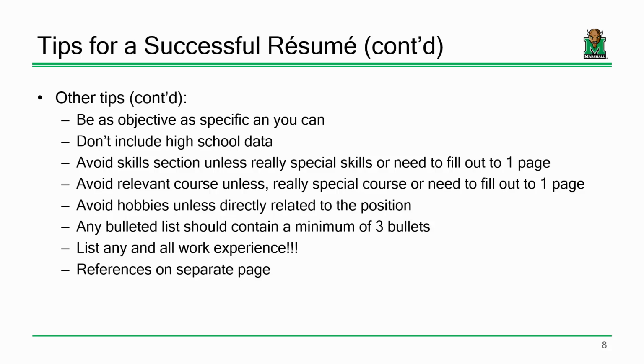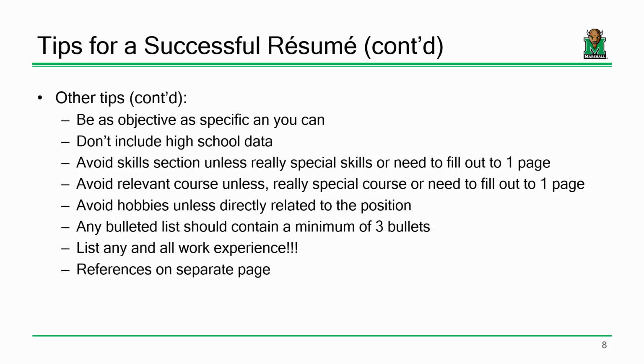Don't include high school data. I understand that if you're a freshman or maybe even a sophomore, it can be difficult to not include high school data because you just don't have the experience. That's understandable, but the reason for that is it's typically understood that in professional settings, your journey towards being a professional began when high school ended.